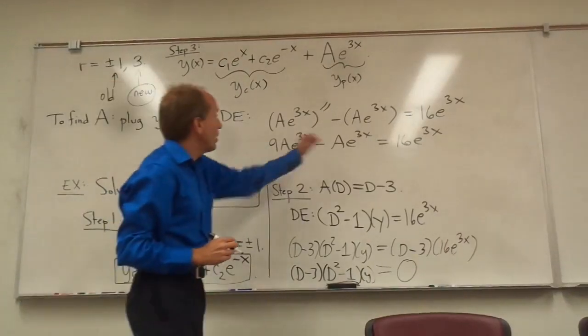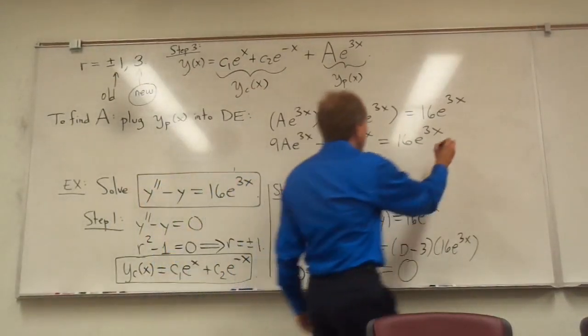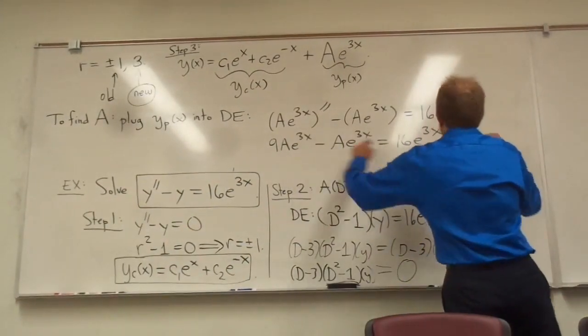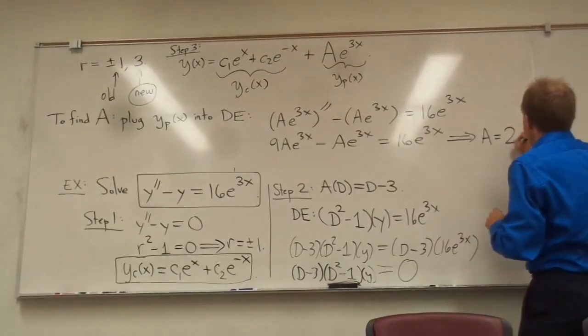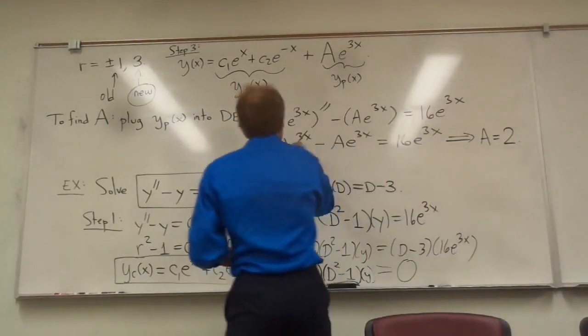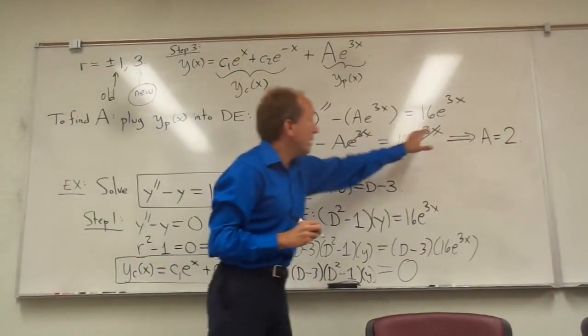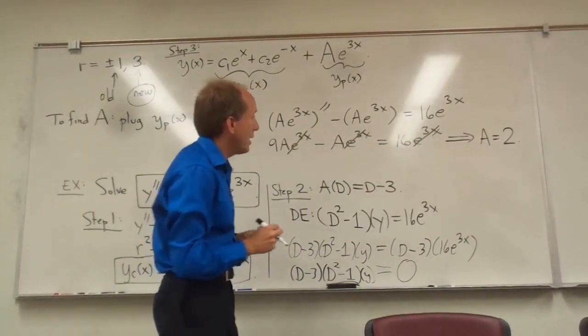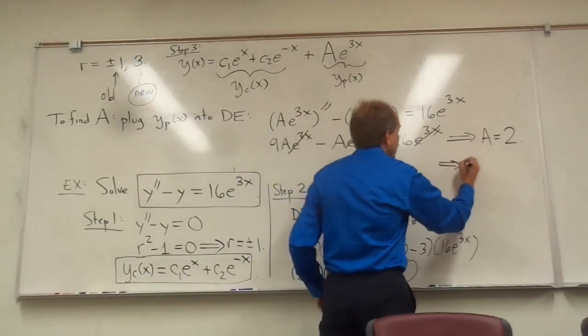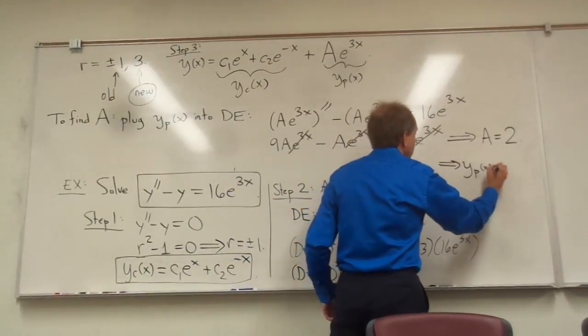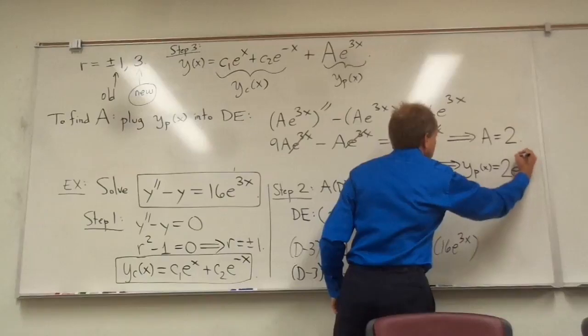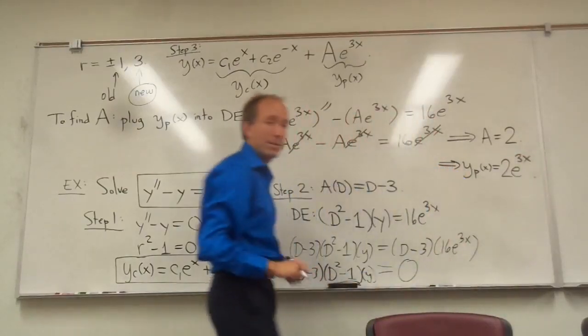And you can pretty quickly now figure out that A is equal to 2. That's because you have 8 A's on the left side. The e to the 3x's can actually be canceled, and you just get 8A equals 16. And that means that A is equal to 2. So your particular solution, it really is very specific. It's 2 e to the 3x.